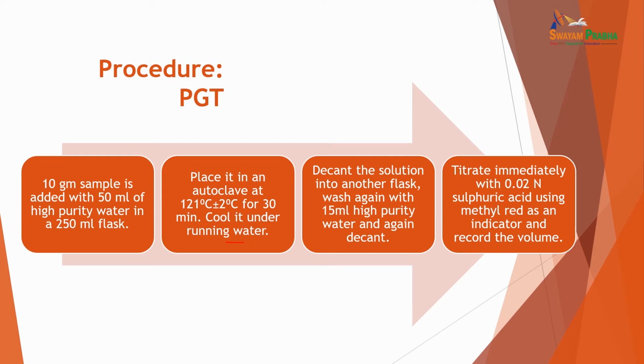Then titrate immediately with 0.01 N sulfuric acid using methyl red as an indicator and record the volume. So this was the powder glass test. The simple difference is that here in the powder glass test you use sulfuric acid, while in the hydrolytic resistance you use hydrochloric acid. This is the basic difference.